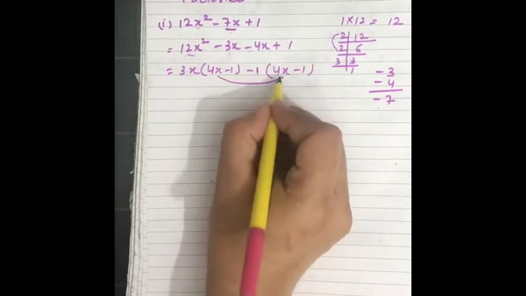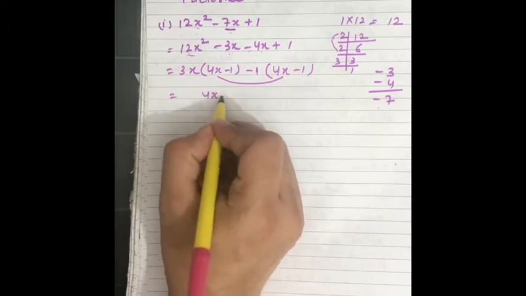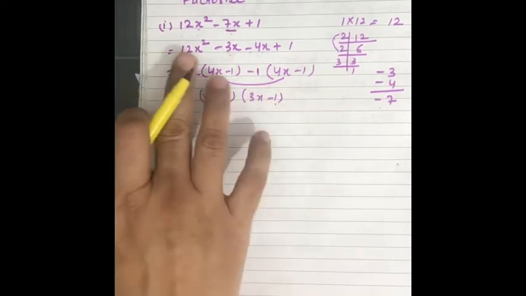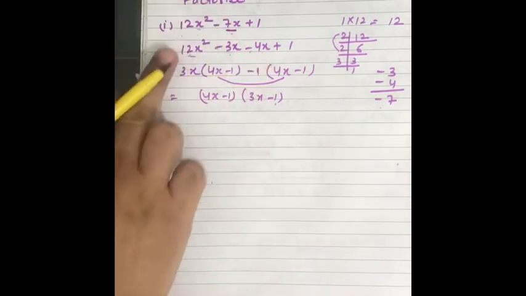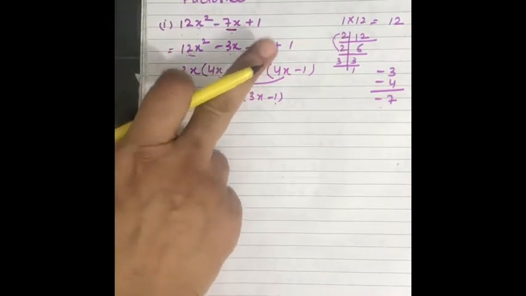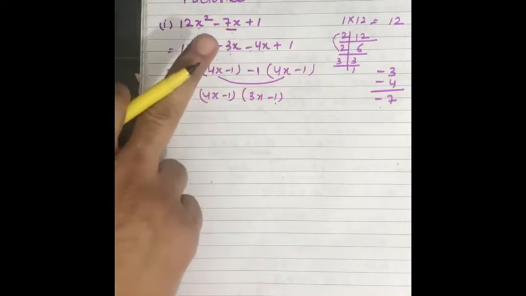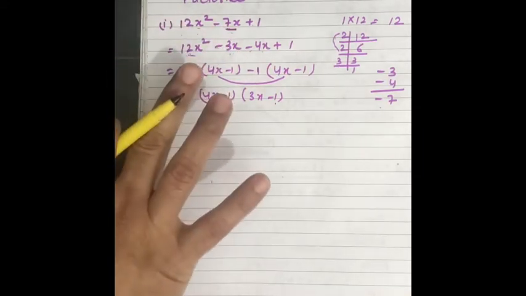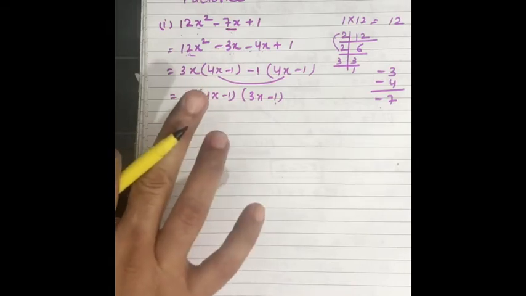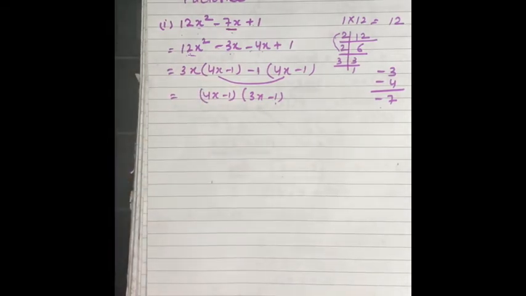Now the common factor is 4x minus 1 into 3x minus 1. This we factorize by splitting the middle term. Already this concept you have done in your earlier classes, in your 8th standard, so this is not a new concept for you. One more part I am explaining and then the rest you can do. Second one I am explaining.